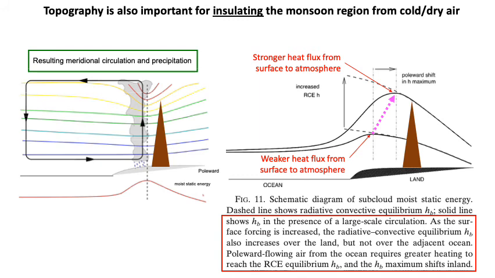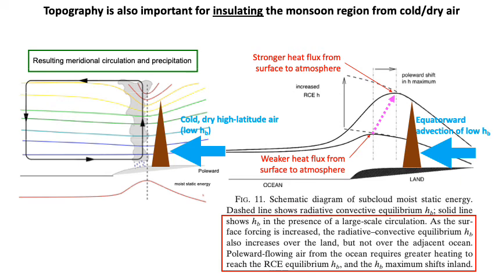So you can imagine, for example, if you put a mountain in, a mountain might play an important role. So we put these two triangles in both diagrams, however you want to think about it. The left side, the vertical axis, or up and down, is actually altitude, so it makes a little bit more sense. But what you can imagine is that no matter what, any advection or any movement of air equatorward is going to try to bring in cold and dry higher latitude air with it, so lower boundary layer moist static energy. So you can see on the left side and the right side, think of it as equatorward advection of low moist static energy air.